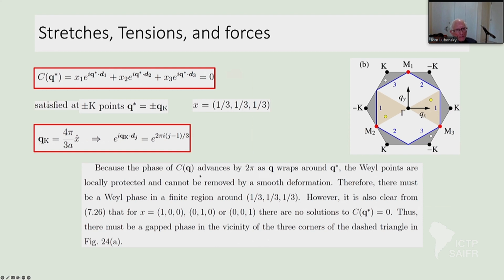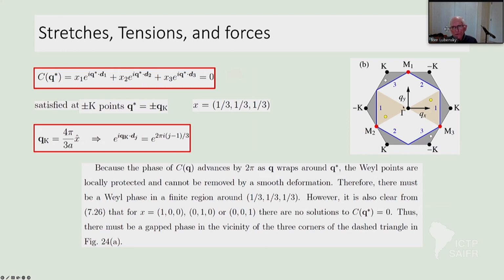So now, because C of Q advances by 2 pi as Q wraps around Q star, when we look at the contour integrals around points that have a 0 or an infinity in it, we get 2 pi. And so if we look at a region around the 0 point here, it has to be continuous around there.